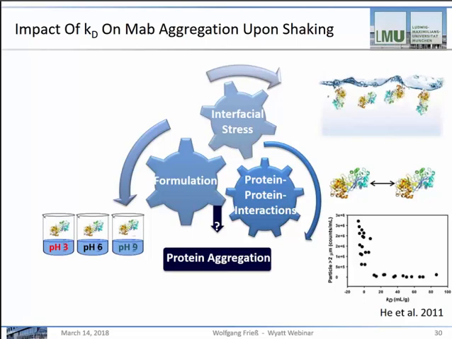There's not, let's say, a real line of correlation in that, but it really tells you that the repulsive interaction may lead to the fact that upon mechanical stress, we have less aggregation.